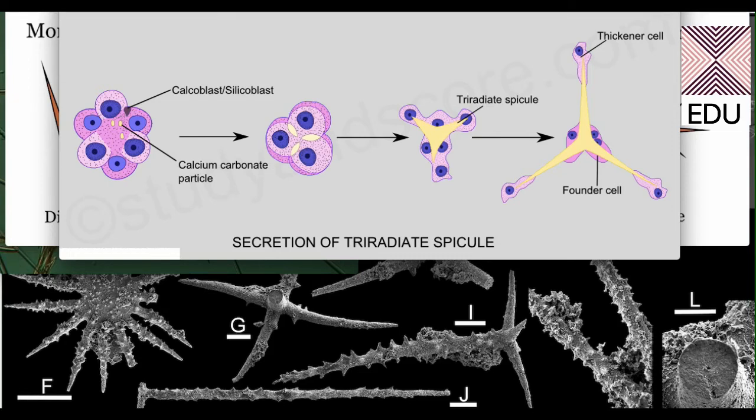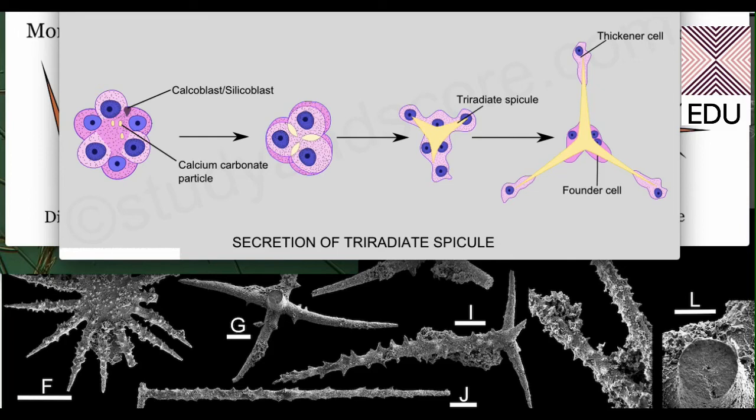Now here we are taking the formation of a triradiate spicule. So we have 6 cells. Out of these 6 cells, 3 are founder cells and 3 are thickener cells. As you can see in the last diagram, we have 3 founder cells and 3 thickener cells.